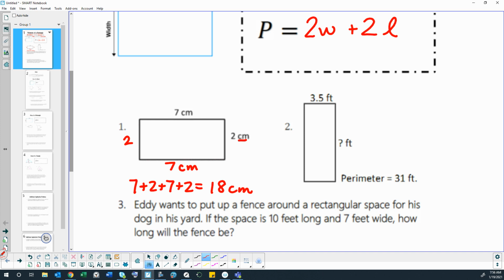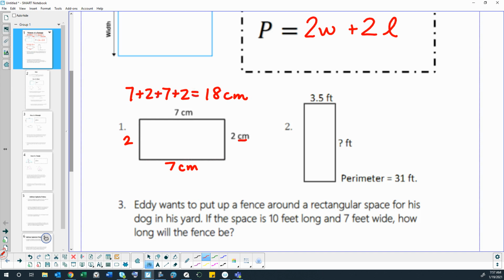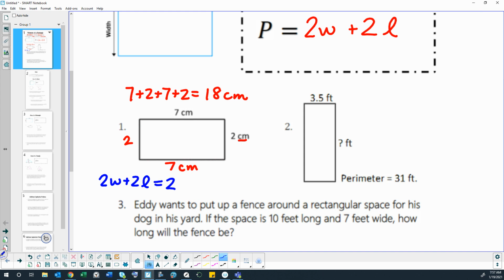However, if I want to, I can use the formula instead. So if my formula is 2 widths and 2 lengths, that means I can plug in a 2 where the W is, because that's the width, right?